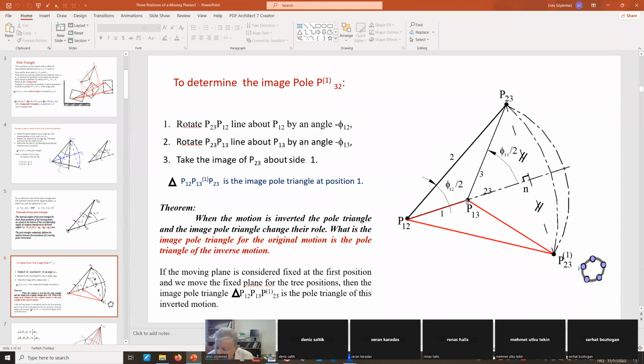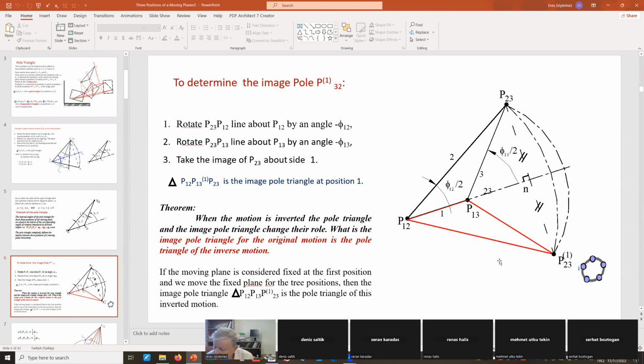You have to rotate P13 about P12 by an angle minus phi 12. You have to rotate P13 about P23 by an angle minus phi 23 to come up with P132.